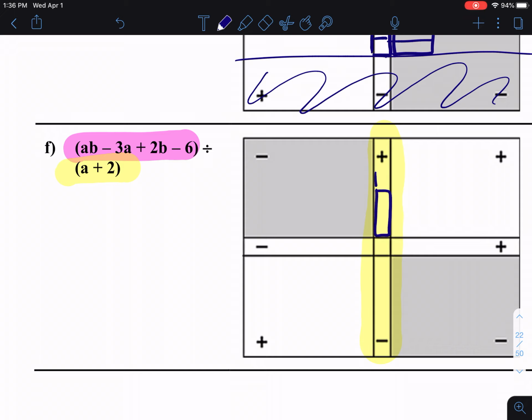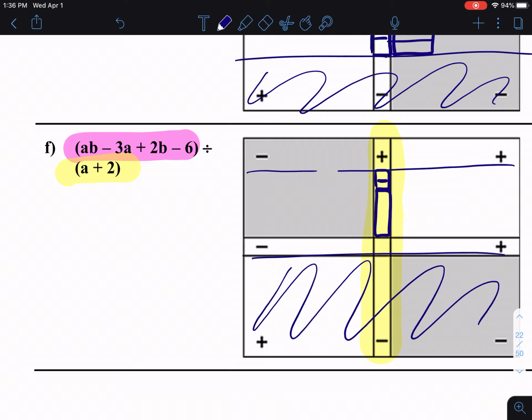A plus 2. So it has to all fit into here somewhere. Not here, not here. So AB, and this is A. So AB could fit nicely, positive AB, in like this.